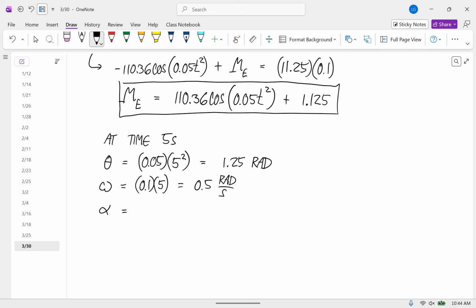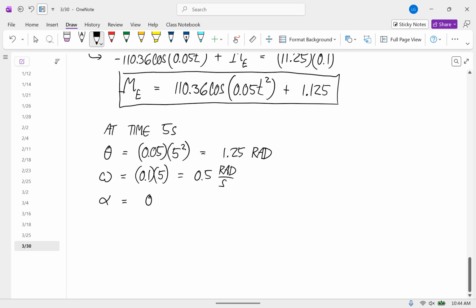And then alpha is 0.1. That one's constant. And so now the acceleration at the end is alpha cross r plus omega cross quantity omega cross r.